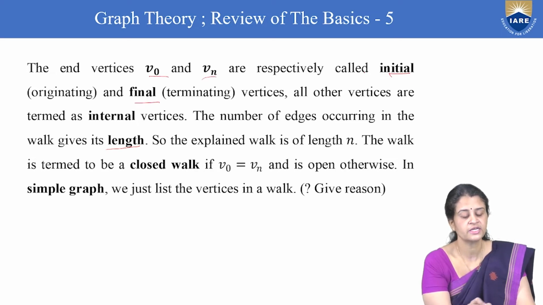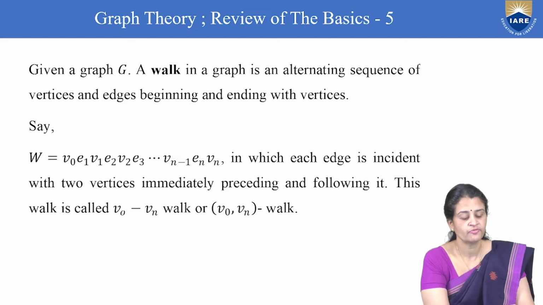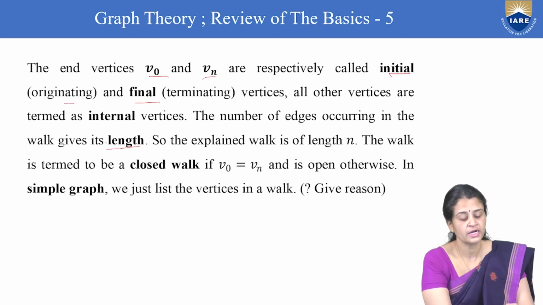The initial vertex is also termed the originating vertex, and the final vertex the terminating vertex. The vertices in between, V1, V2, etc., Vn minus 1, are called internal vertices.